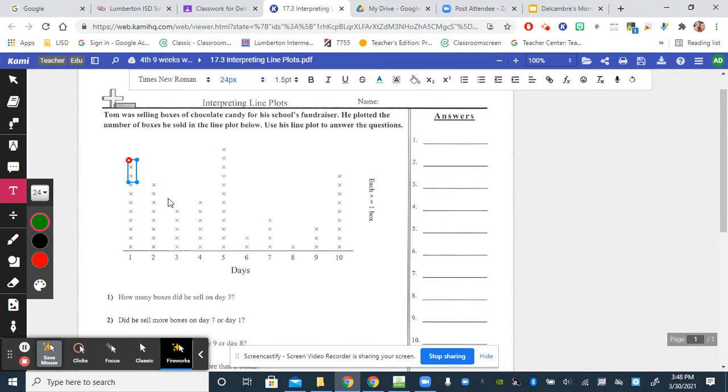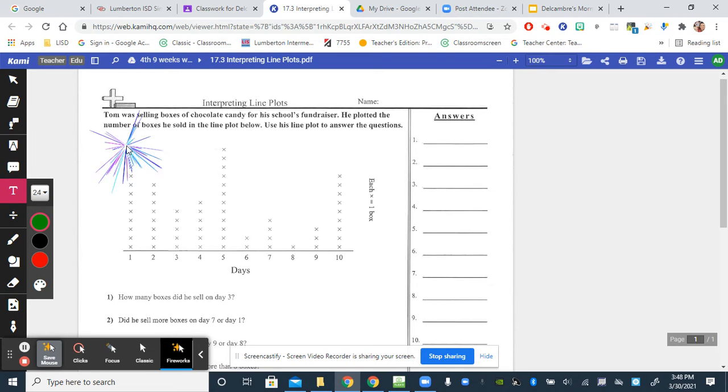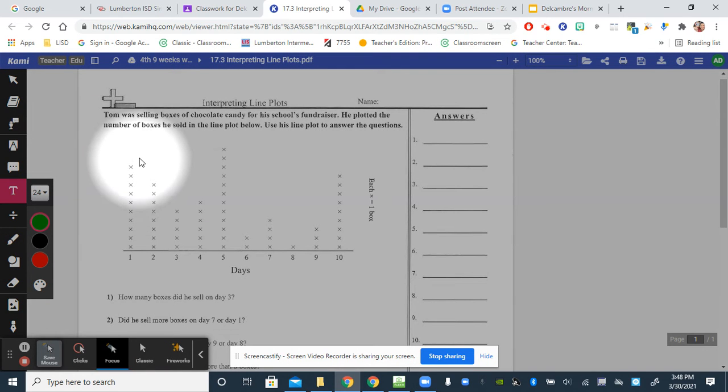Oh, looky there. Okay, so it says Tom was selling a box of chocolate candy for his school fundraiser. He plotted the number of boxes he sold in a line plot. Use the line plot to answer the questions, okay? So the first thing I would do is I would come over here and count how many of the boxes that you have for this day.